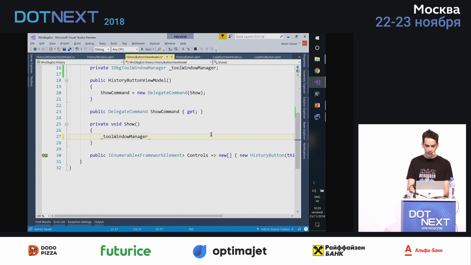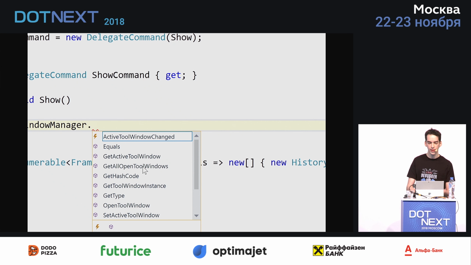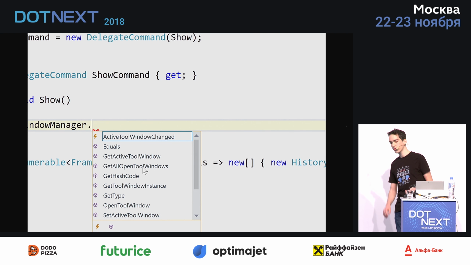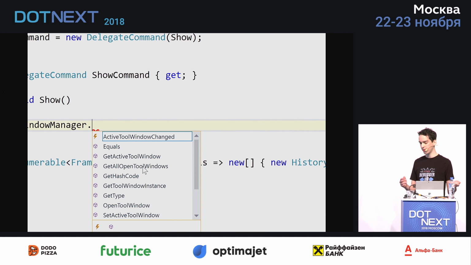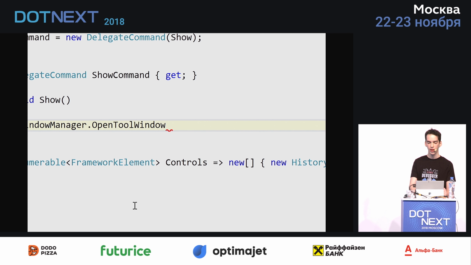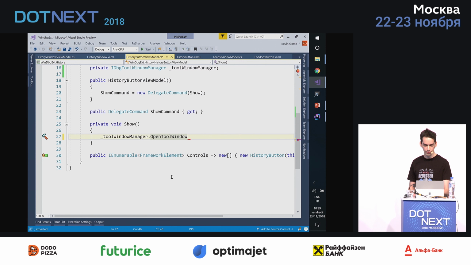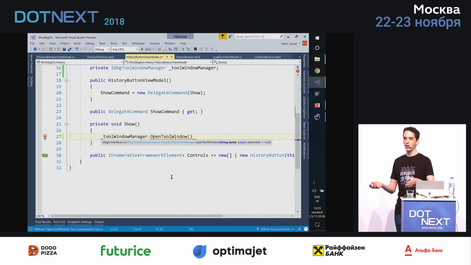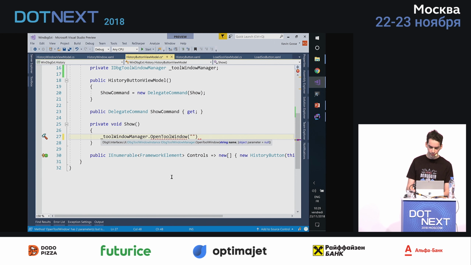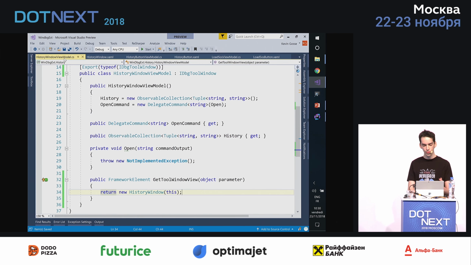It has plenty of methods that allow us to manage all the tool windows, for instance, get all the instances of open windows. But in our case, the one we want is open tool window, which allows us to open a new one. It takes two parameters. The first one is a name. This is the name we put in the metadata attribute. And the second one is an optional parameter. We are not going to give one, but if I did put one, then I could retrieve it here.